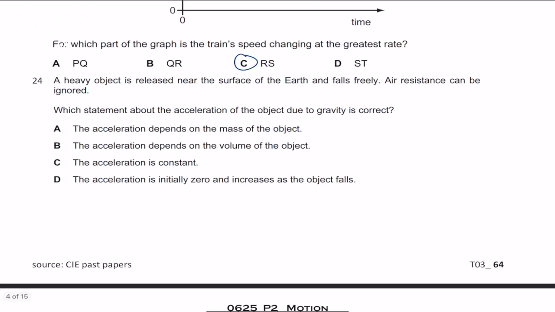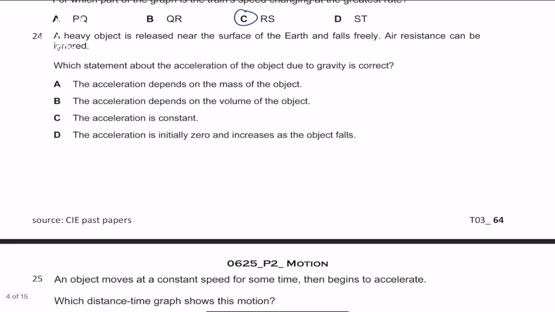In the next question, a heavy object is released near the surface of Earth and falls freely, air resistance can be ignored or negligible during the question. Which statement about the acceleration of the object due to gravity is correct? The gravity acceleration is constant, which is equal to 10 or 9.8 if they ask you to use this number. Let's read. The acceleration depends on the mass.